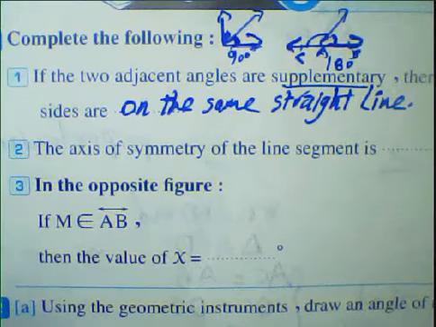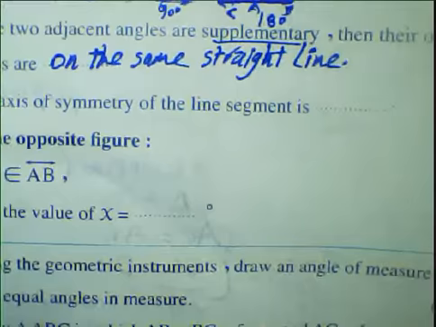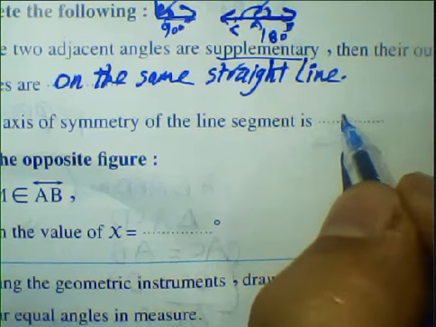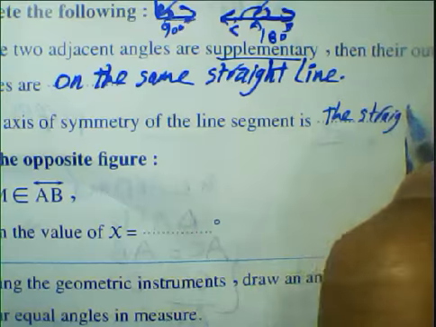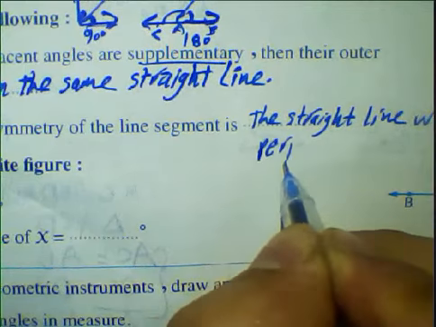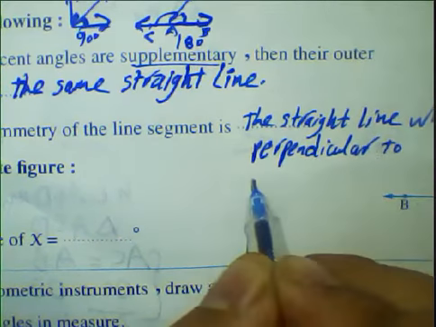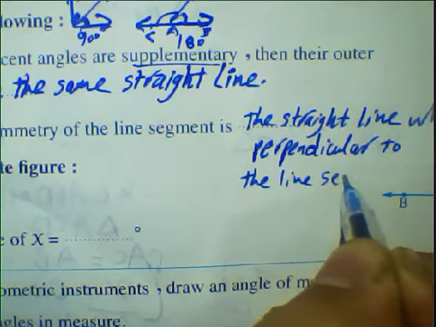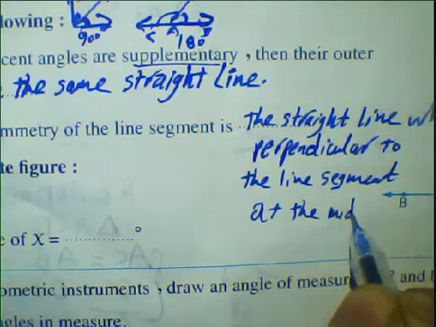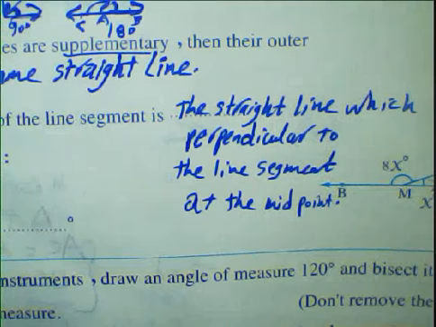Question number 2, the axis of symmetry of a line segment is a straight line which is perpendicular to the line segment at the midpoint.